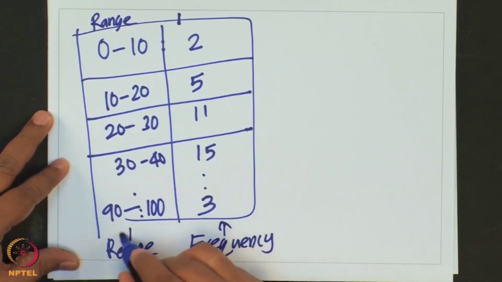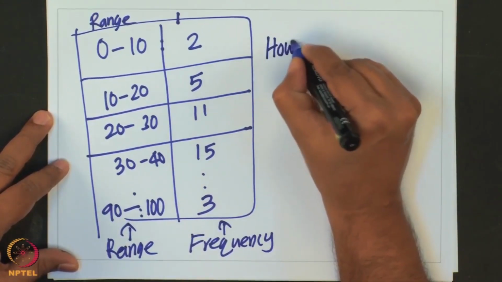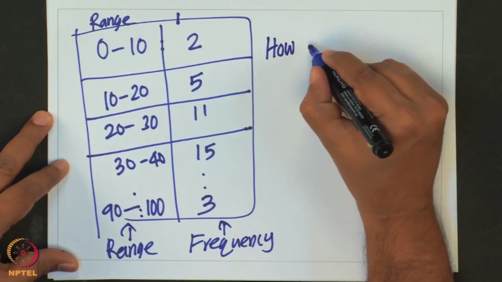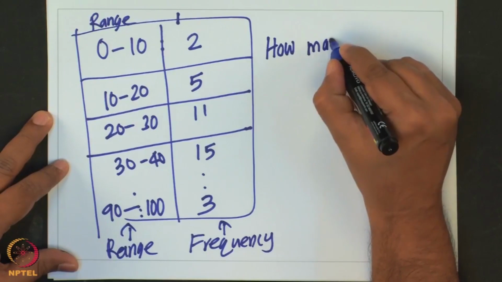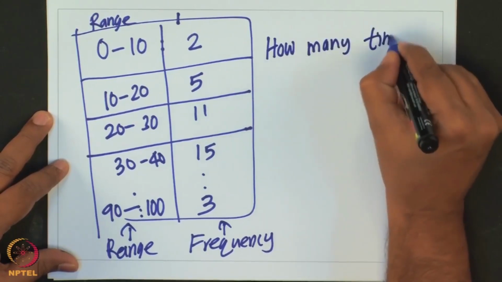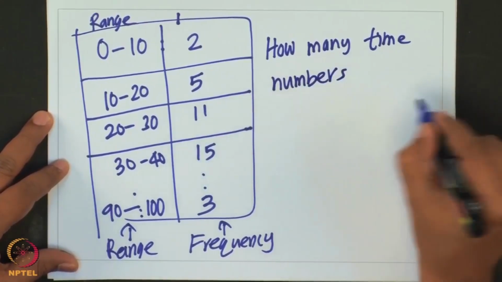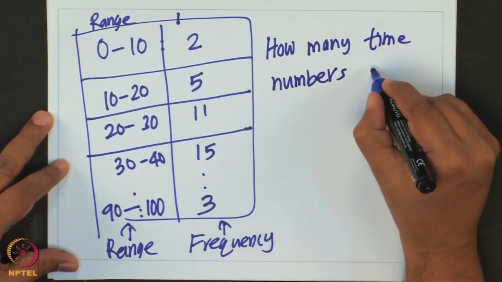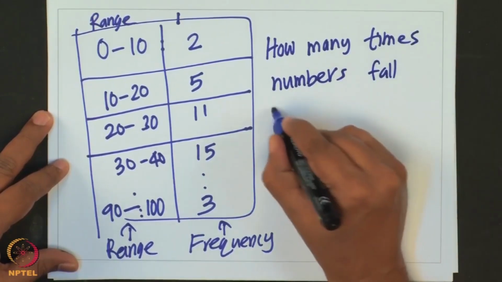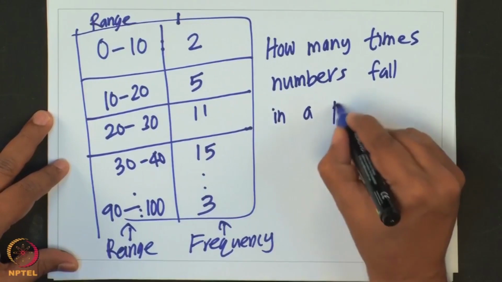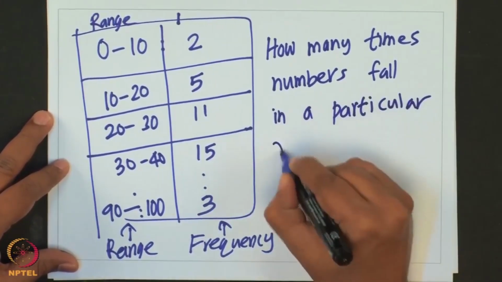So this is the frequency, this is the range. What is frequency? How often? How many times numbers fall or appear in a particular range of our interest.